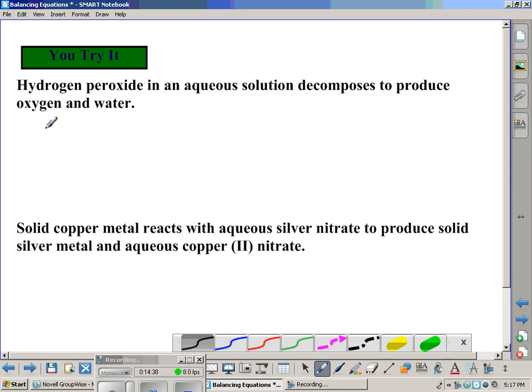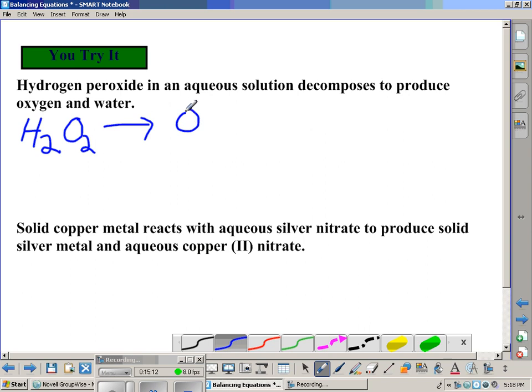Here's a chance where you get to try one of these word problems. If you want to try it on your own, feel free to pause the video and do so. Otherwise, I'm just going to launch right into this. Hydrogen peroxide, H2O2, in an aqueous solution decomposes, so we have a decomposition reaction here, to produce, here's our arrow, oxygen.